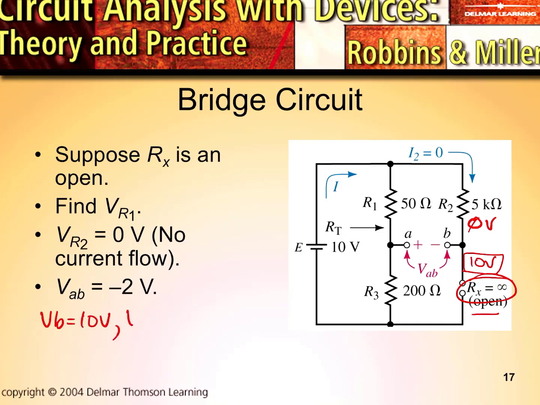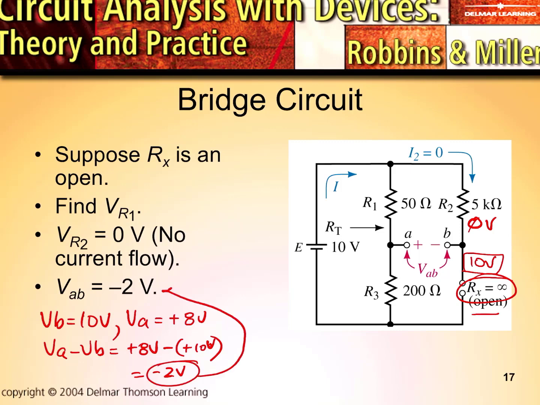VA hasn't changed, so VA is equal to plus 8 volts. So now we simply come up with VA minus VB to give us VAB. That's going to be VA of plus 8 volts minus a plus 10 volts, which is going to be the result of minus 2 volts. Which is what we see here.